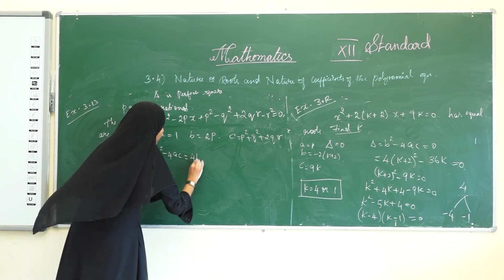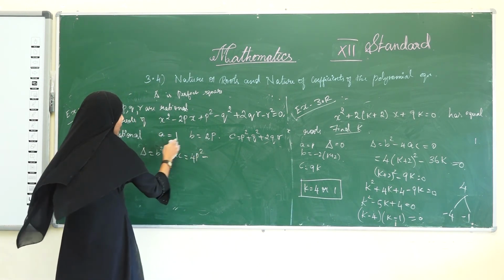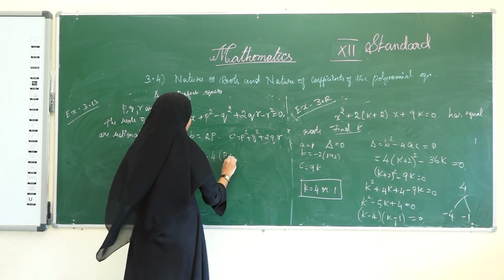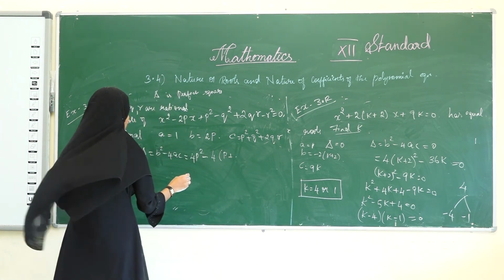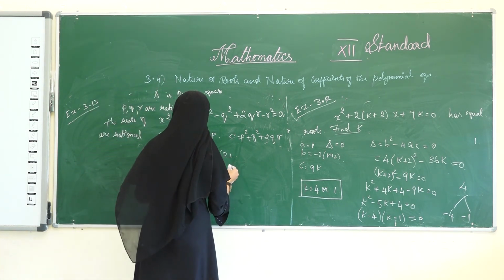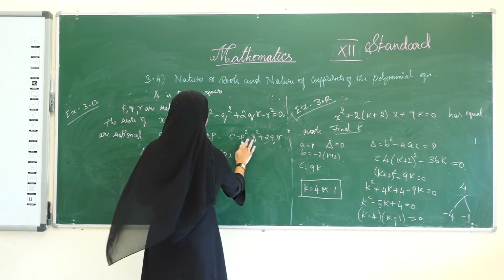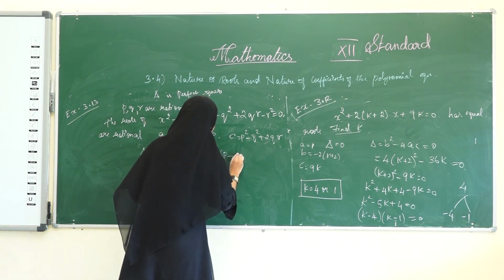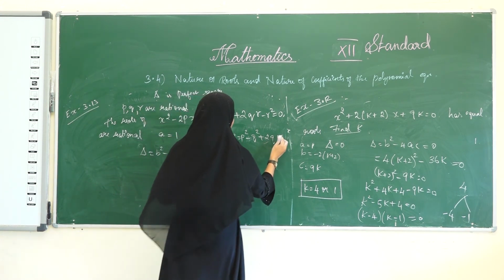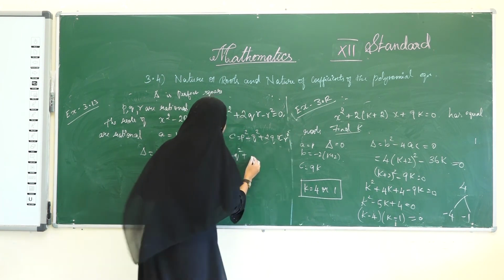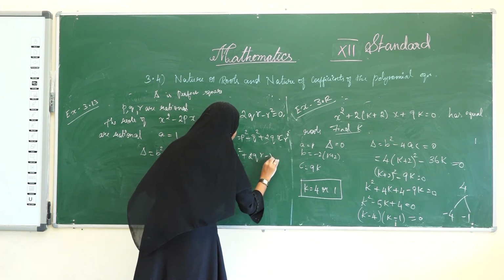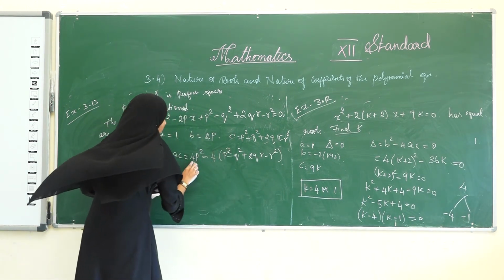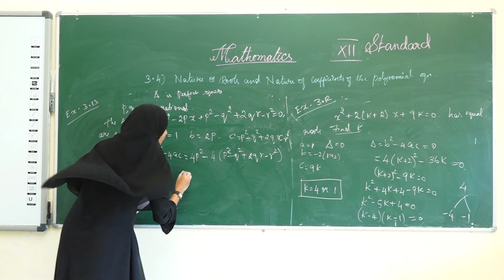What is b square? 4p square minus 4 into a into this term, that is 4 into this term, which can be written as p square minus q square plus 2qr minus r square. When we multiply this, we get 4p square minus 4p square, which gets cancelled.